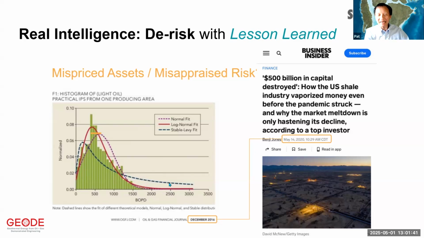It really highlights that misappraised risk would translate into mispriced assets. We might pay too much. So for example, this is an example in Eagle Ford. This is the distribution of the initial production, which is a proxy for the return of those wells. And you can see the different distributions you can fit.